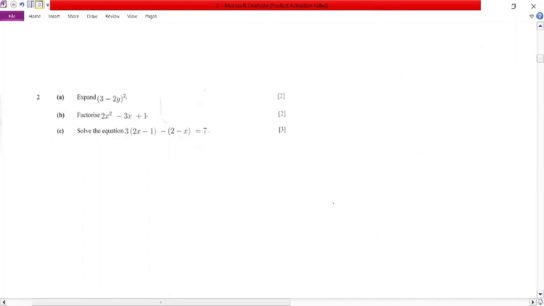Number 2, algebra questions in ZIMSEC. The first question, part A, is saying expand (3 minus 2y) squared. So this means that we have (3 minus 2y) multiplied by (3 minus 2y).